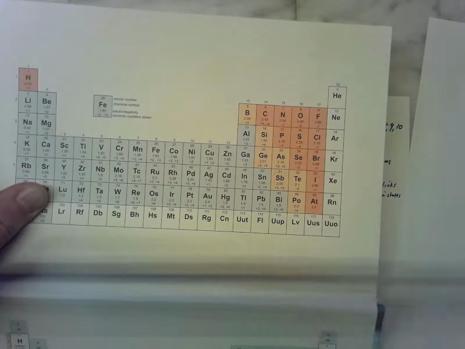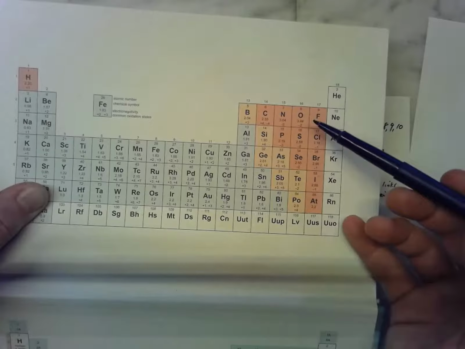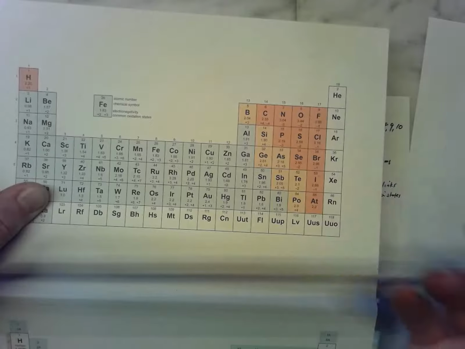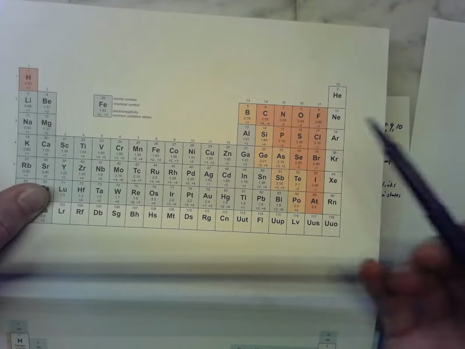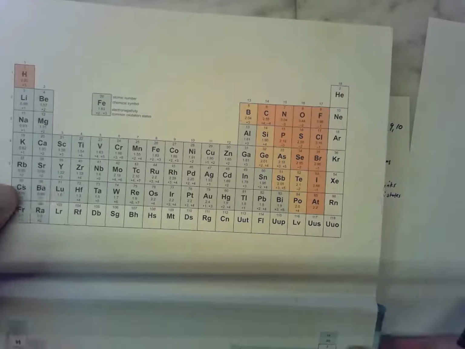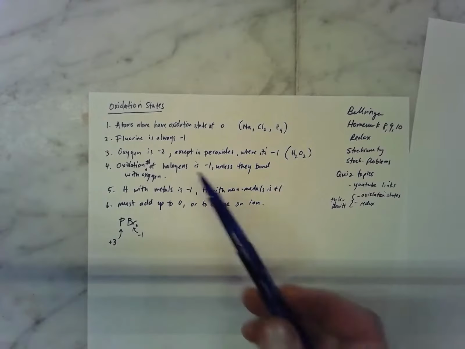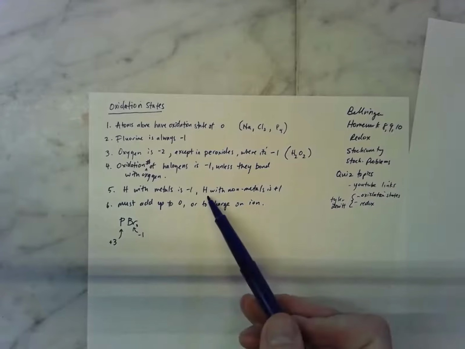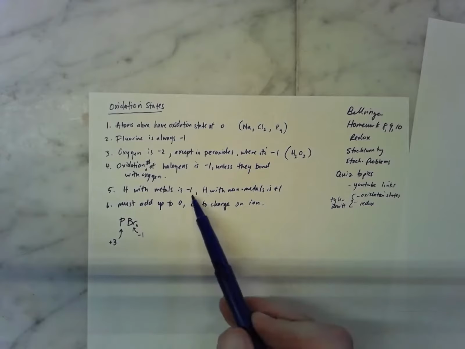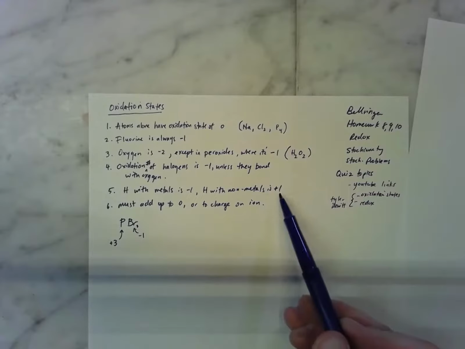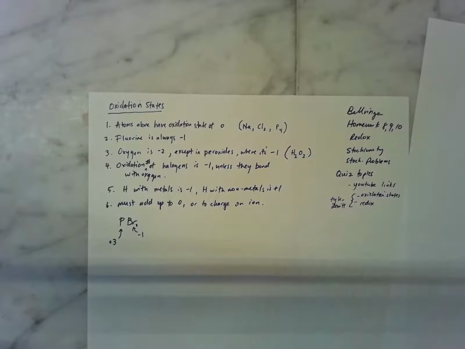All right, and like we said, in peroxides oxygen is sort of choosing to be a -1 because of various things. Something is not forcing it to be. So we now know the order that we need to look in: fluorine, then oxygen, and then the halogens, which are generally a -1. Hydrogen is a -1 with metals and a +1 with nonmetals.